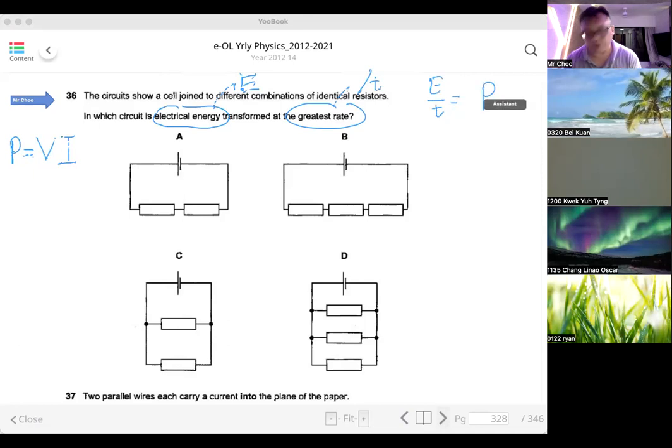You're trying to find the power. So for this question, you're asking which of these four circuits has the greatest power? And the greatest power means it uses up the most energy every second, over a unit time. So which of these four circuits will use up the greatest amount of energy over time?